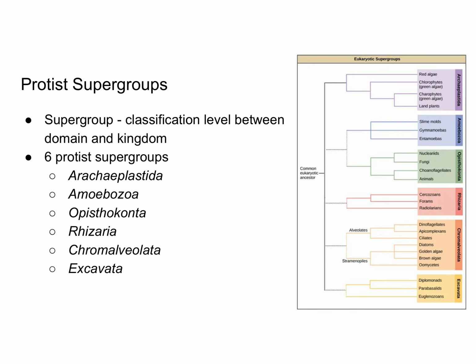Protists have been classified into six different supergroups. A supergroup is kind of like a subdomain, if you will. Remember we said that domain was the broadest category, followed by kingdom. There's actually a classification in between domain and kingdom for some species called a supergroup.